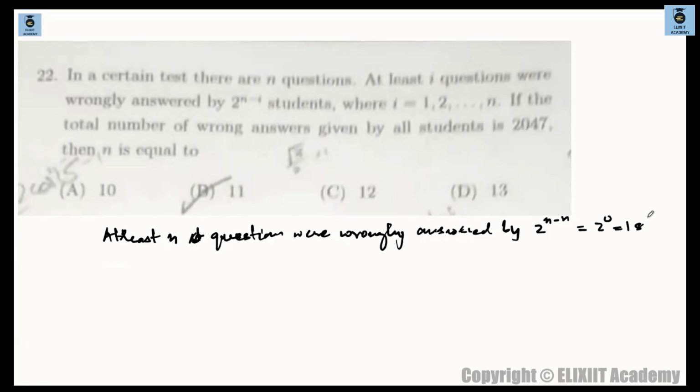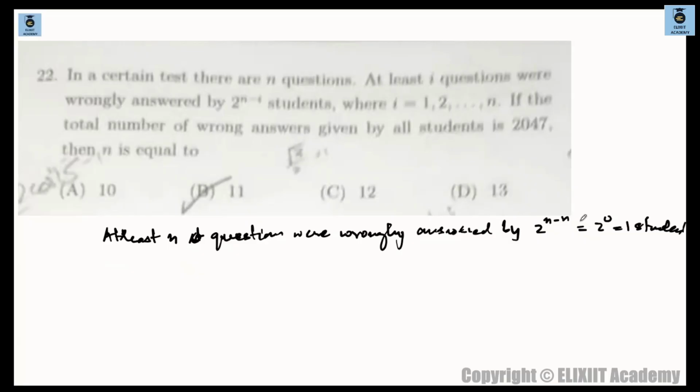So at least n questions were wrongly answered by 2 to the power of n minus n, which is 2 to the power of 0, which is 1 student.